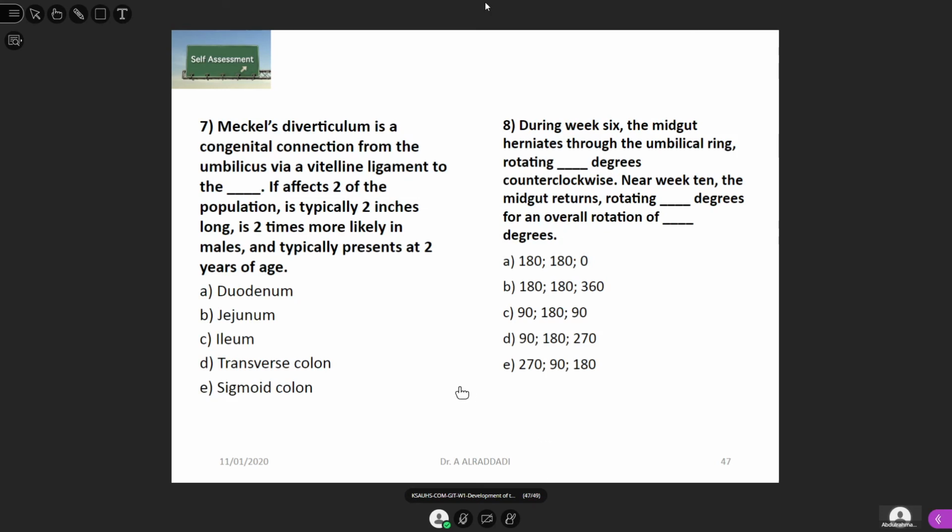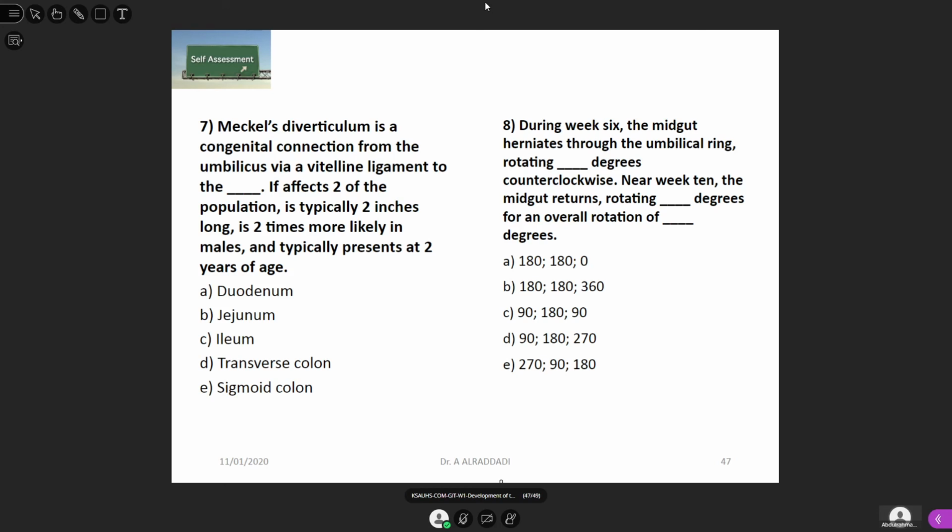Meckel's diverticulum is a congenital connection from the umbilicus via the vitelline ligament to which part? The ileum, specifically the distal end of the ileum, the distal part of the ileum.